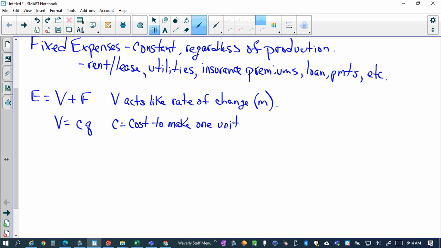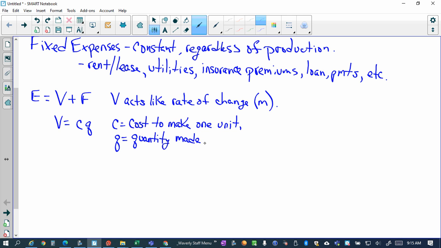And then we could say Q equals the quantity made. Does that make sense? So overall, the general thing is expenses would be variable plus fixed. And then the variable part of it would be C times Q.